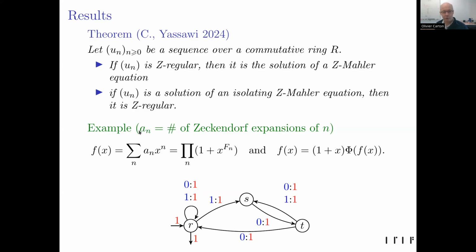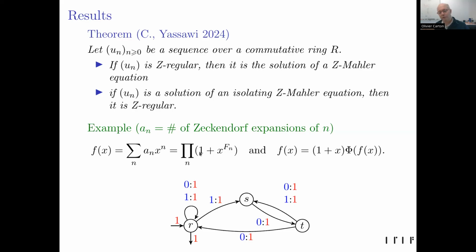So here I gave you an example of a sequence which is Z-Mahler. We take a_n, the number of Zeckendorf expansions of an integer n. If we look at this power series, the sum of a_n x^n, you can easily see that it is this infinite product.